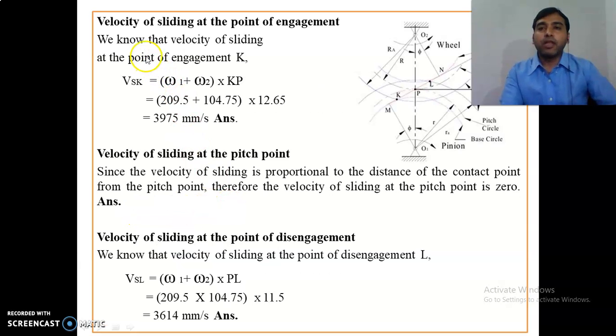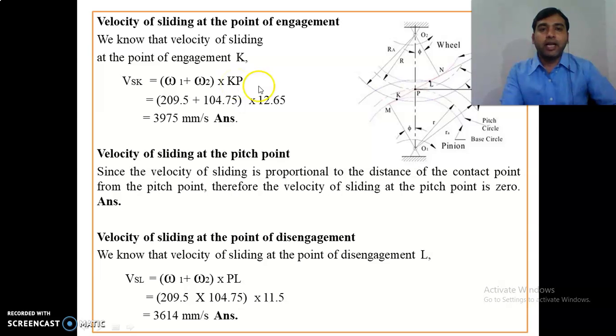Now find the velocity of sliding at the point of engagement. So at the point of engagement means what? This K. So we know that the velocity of sliding at the point of engagement K, Vsk, is equal to omega 1 plus omega 2 into Kp.